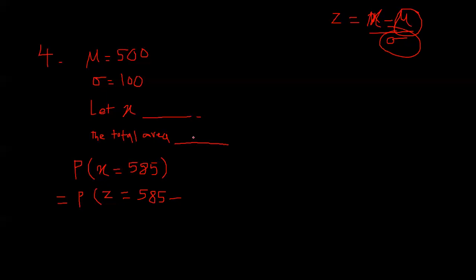The mu that has been given is 500, divided by the sigma that has been given, which is 100. So when you calculate the value, you will get Z is equal to 0.85.